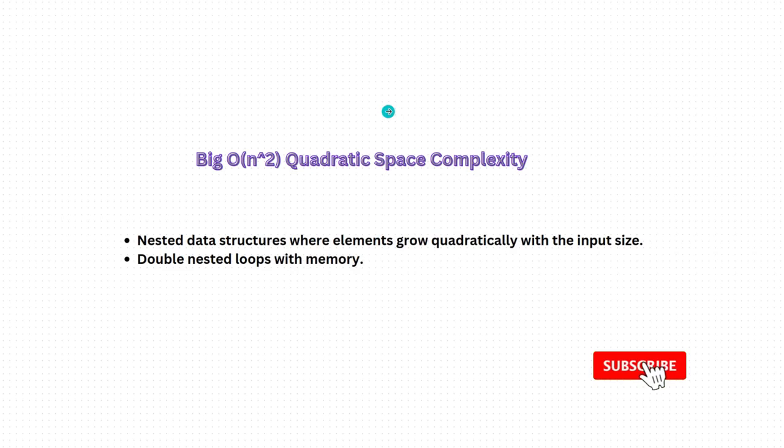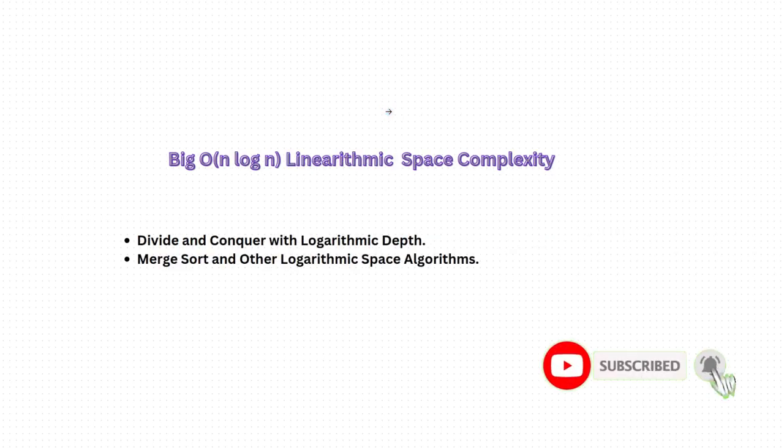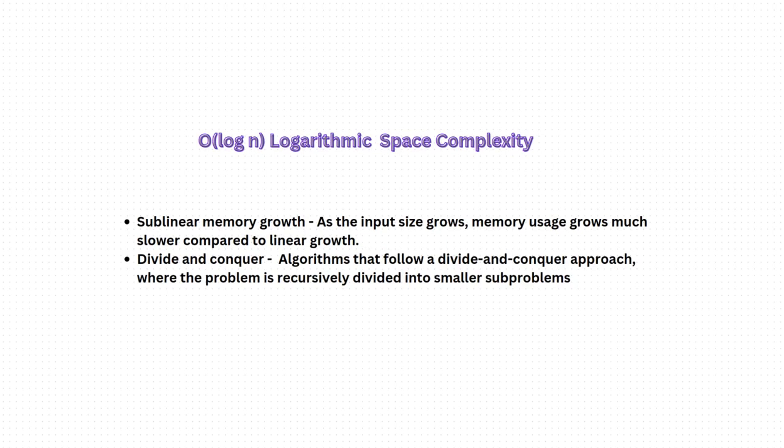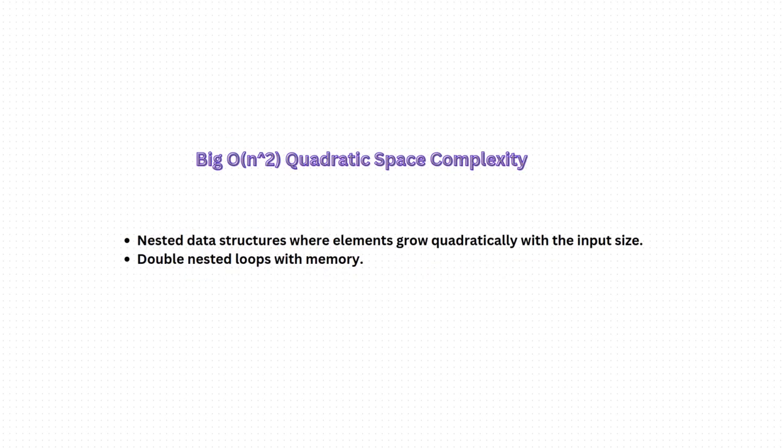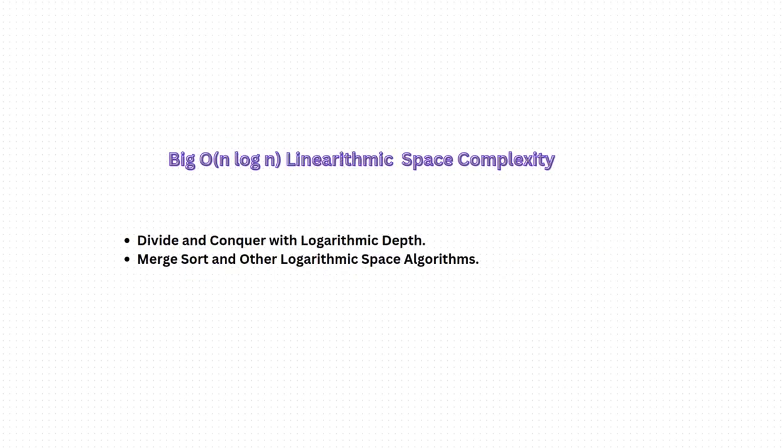So all right guys, next we want to look at the big O of n log n, which is the linear arithmetic space complexity. Just like time complexity, when you see the big O of n log n, just know this is the combination of O log n and O of n. These are two operations combined together as one.